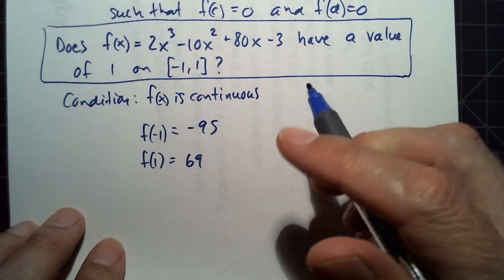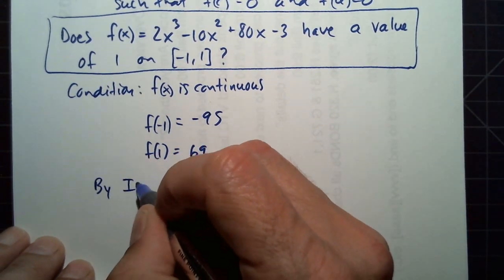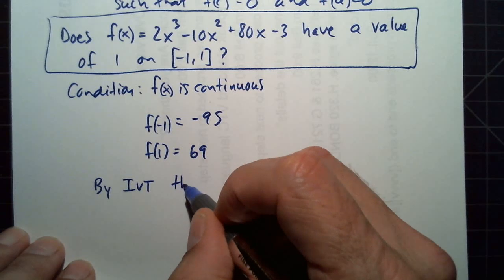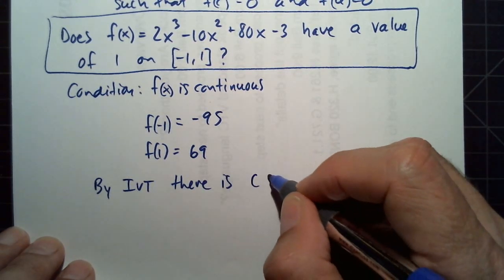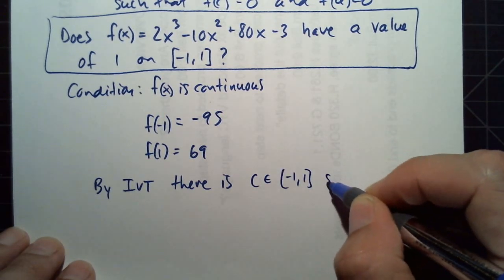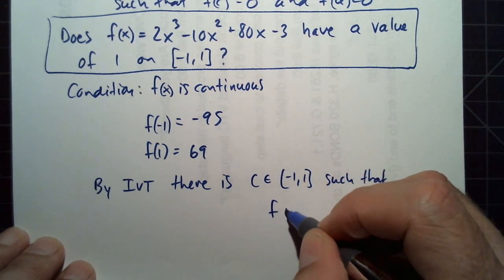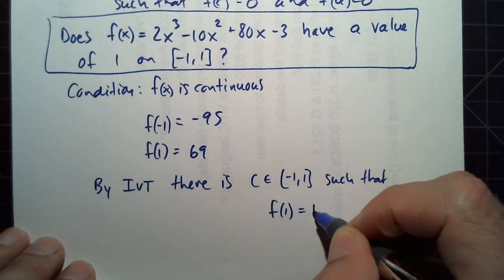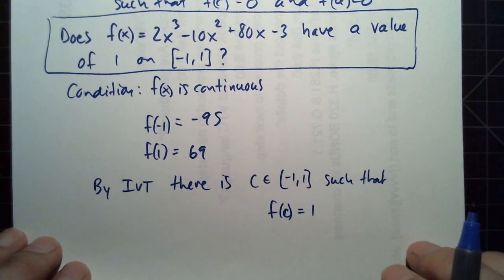So therefore, by the intermediate value theorem, there is a c on the interval from negative 1 to 1 such that f of c equals 1.